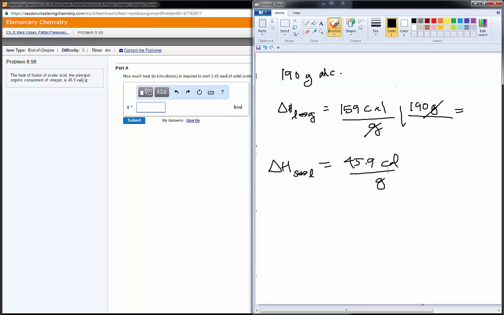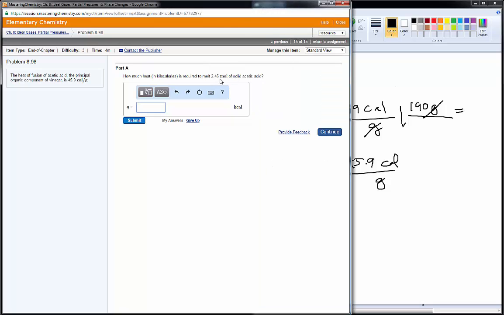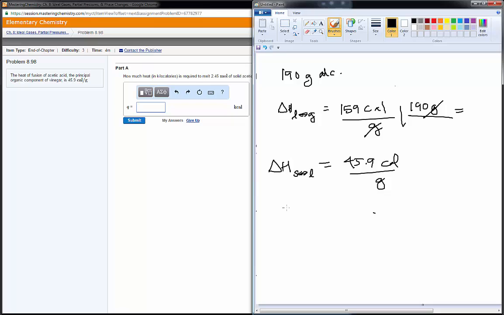This is for acetic acid. And they want to know, if I'm melting, and again, that is the solid to liquid conversion, they've got 2.45 moles of solid acetic acid. Uh-oh, they didn't give me grams. I'm going to have to take an extra step.